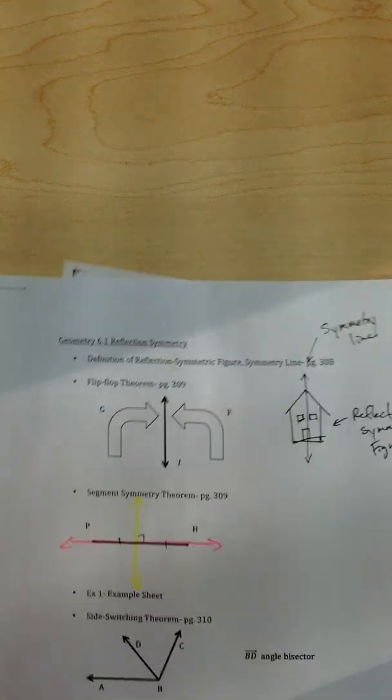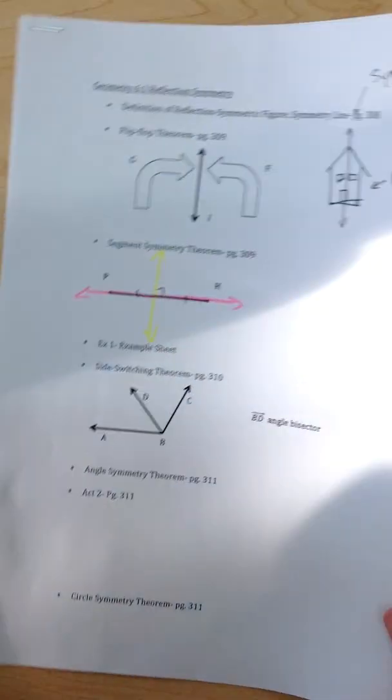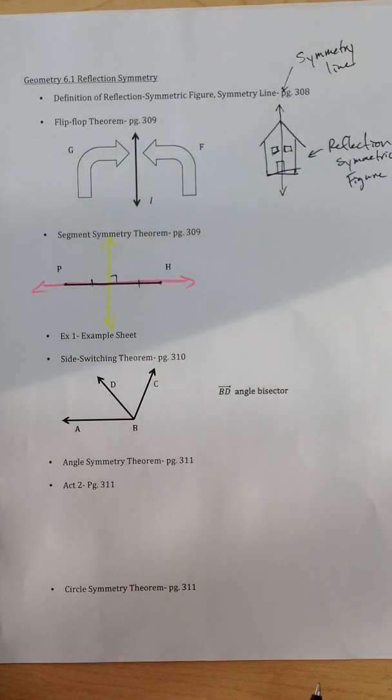Alright, what's the next thing here? Another theorem. So now we've got side switching theorem that's on page 310. That says if one side of an angle is reflected over the line containing the angle bisector, its image is the other side of the angle.